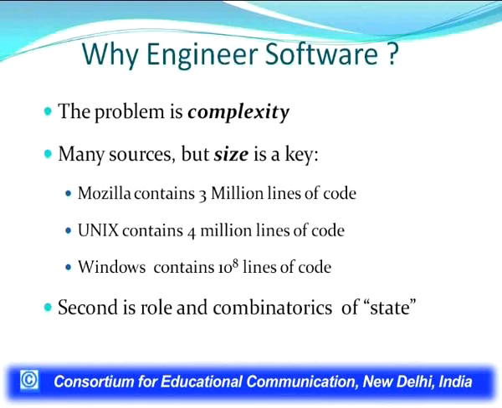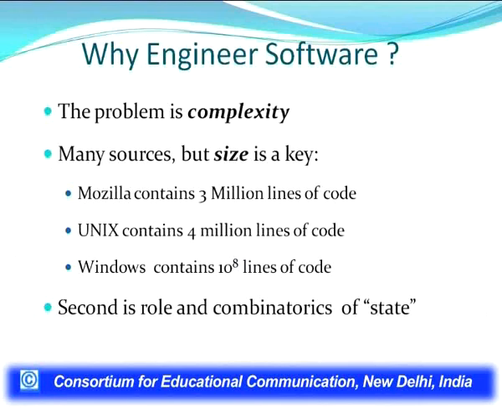And Windows, which is very much in use, contains 10 to the power 8 lines of code. And the other software which is coming contains even higher numbers of lines of code. So complexity is the biggest problem, especially in the area of software, and that is why engineering needs to be done in that case.